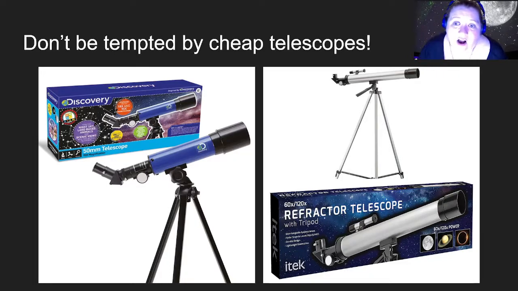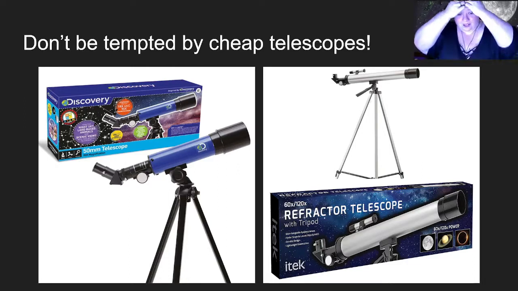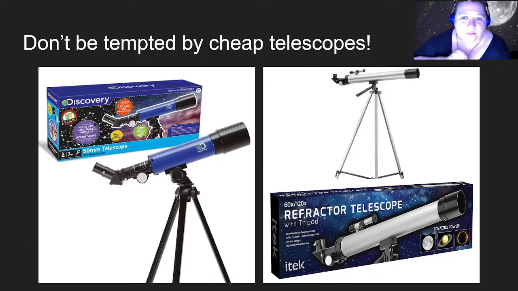And more often than not, what this ends up doing is turning off the interest that someone has in astronomy and using telescopes, because they're so frustrated by the user experience with the cheap telescope. So I know it's tempting, but we highly recommend staying away from these, and I'm going to show you some fairly affordable options for beginner telescopes that will work so much better than these would.